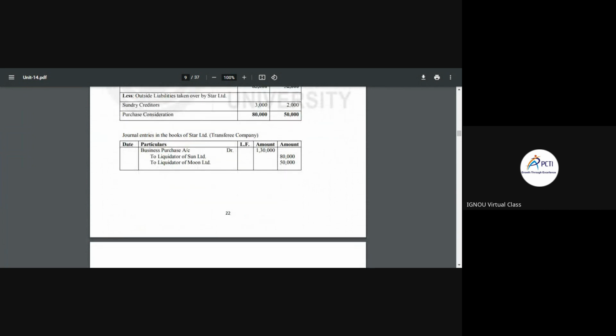Now we need to pass the general entries in the books of Star Limited, that will be the transferee company. First of all, business purchase account debit.